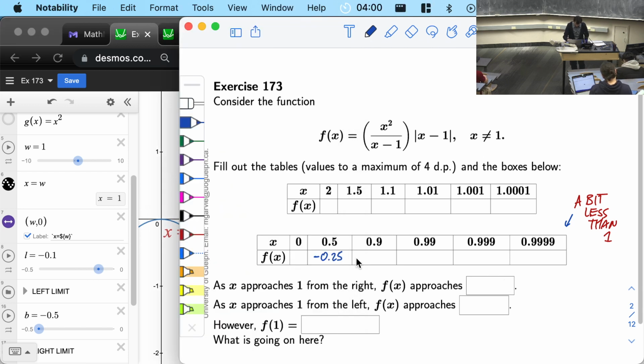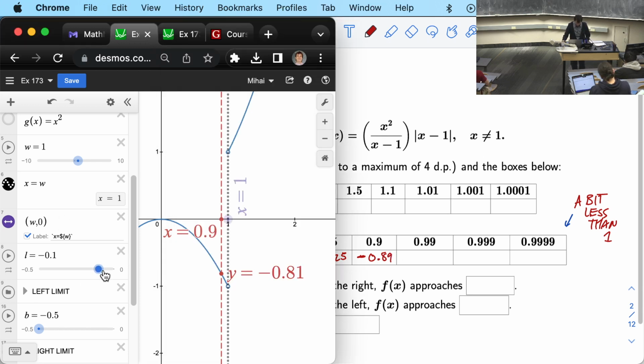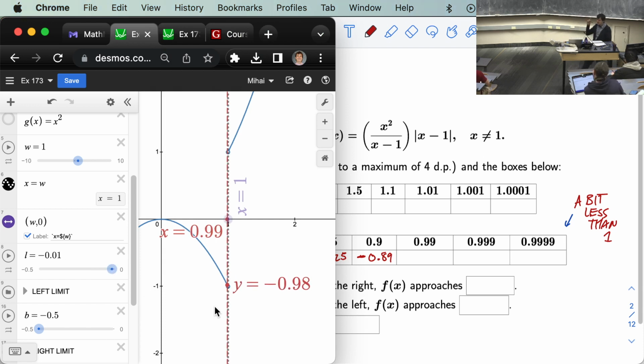So I can put that in, negative 0.81. Actually, let me do these in red so we match our thing. Negative 0.25, negative 0.81. Okay. Then if I keep going even more, when x is 0.99, y is negative 0.98.